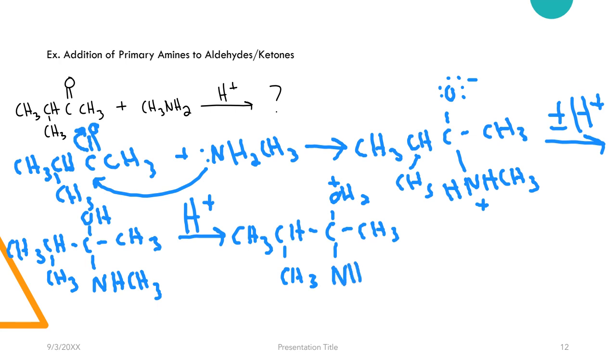The lone pair of electrons from nitrogen will come up, form a double bond, which pushes off the water. So I lose water.